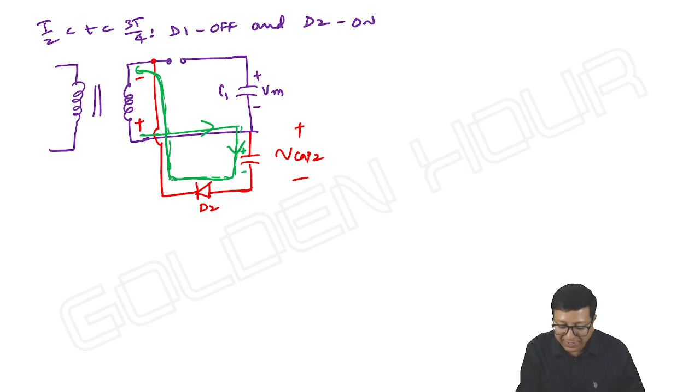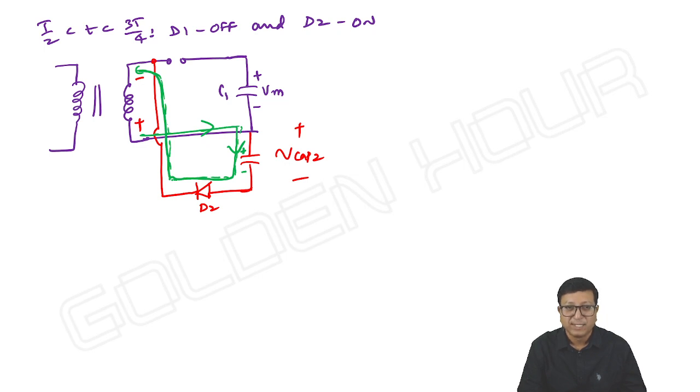And what about V capacitor 2 then? The capacitor voltage will be positive only, because look at the polarities from top to bottom. The convention I followed is from top to bottom, and the current is flowing from top to bottom. The polarities remain the same.